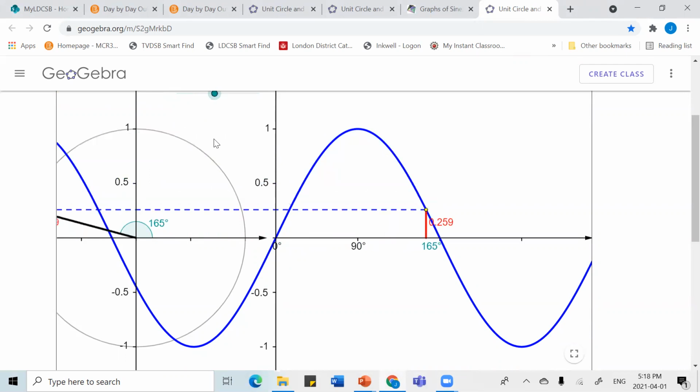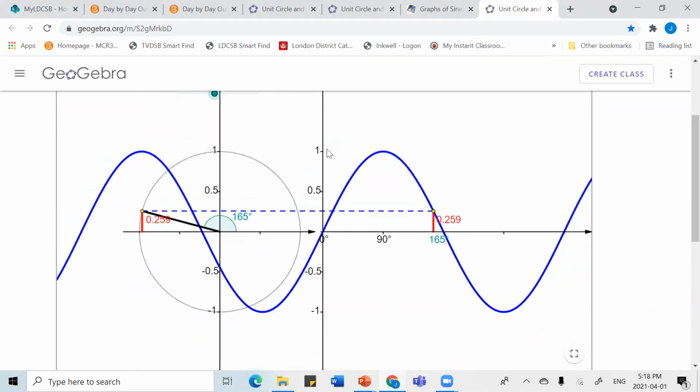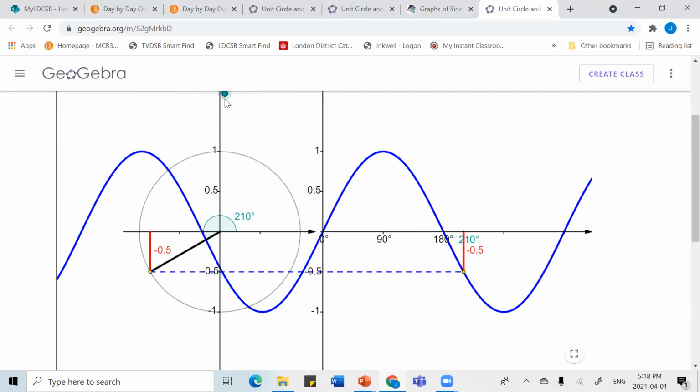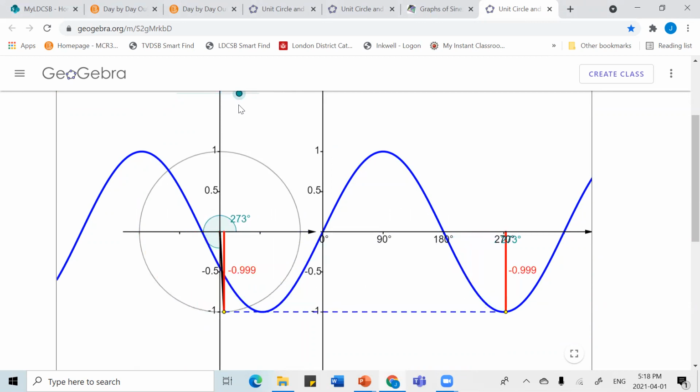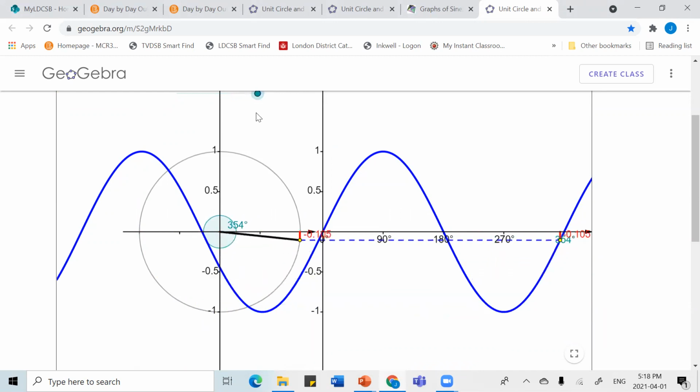Then it starts to decrease until it gets to 180 degrees, and it keeps going past 180 degrees, to 270 degrees. We can see here we reach the minimum y-coordinate, which is -1, and then we continue until we get back to 360 degrees, where it has a y-coordinate of 0.